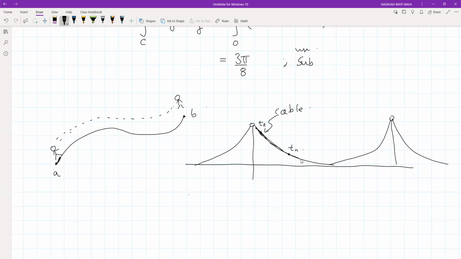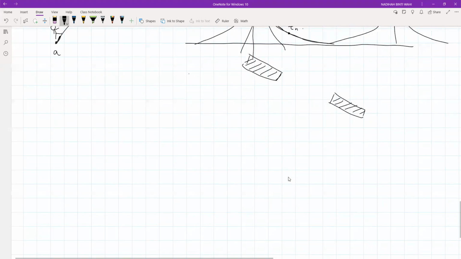In that case, if I use a line integral, for example if I zoom in, the cable at TK looks like this, and at TN the cable looks like this. If I want to find the total mass of this cable, I can take the position at TK, delta TK here, and delta TN here, a small t.